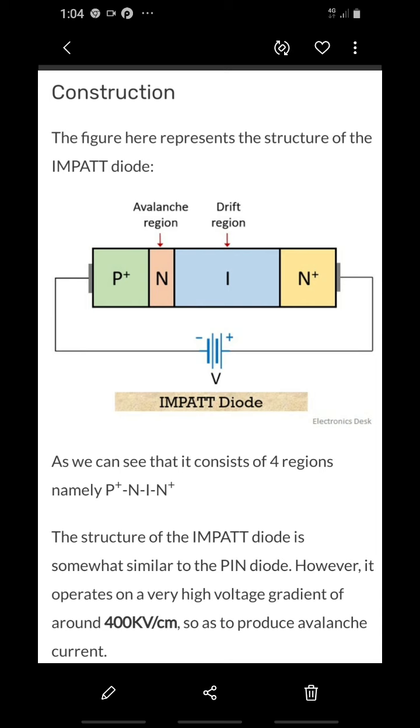The structure of the IMPATT diode is somewhat similar to the PIN diode. It operates on a very high voltage gradient of around 400 kilovolts per centimeter so as to produce avalanche current.